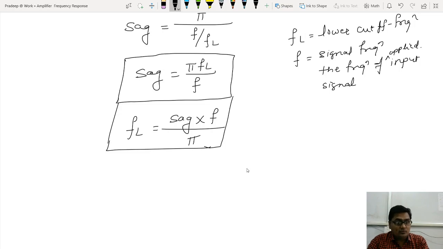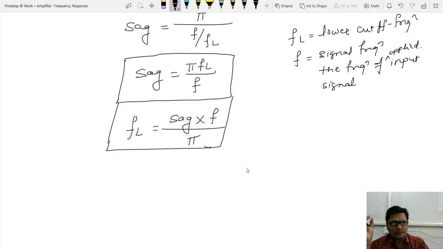And this is the sag. Generally, at exam time there were problems or numericals based on that sag, and some people even ask you to derive that equation of sag in terms of the lower cutoff frequency and the applied signal frequency. So this is all about the lower cutoff frequency and sag.